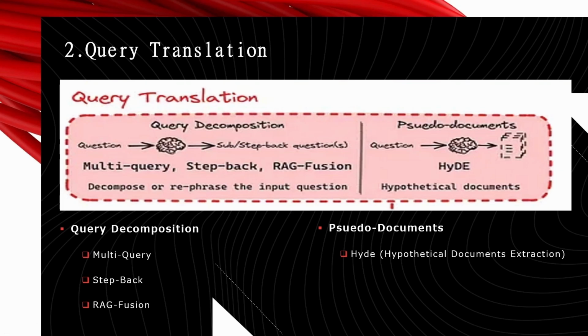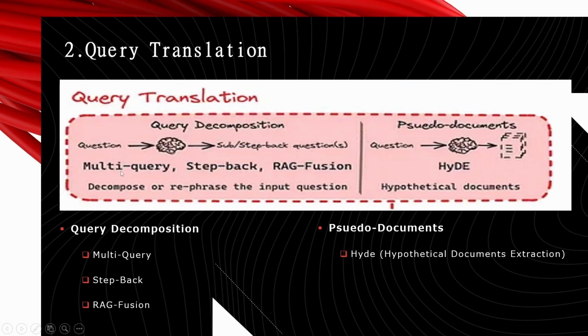With multi-query, whenever you write the query, with the help of an LLM we generate multiple queries from it. Each generated query individually retrieves data from the vector DB. That's how multi-query works. Then we have step back, and the last one is RAG fusion.